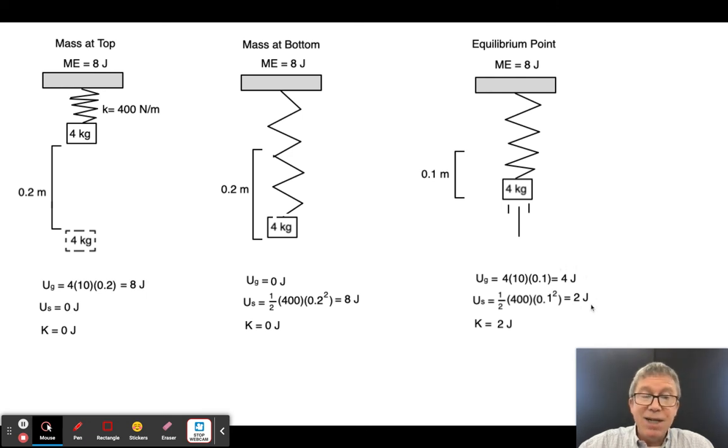Now, there hasn't been any external non-conservative force acting on the system, so I'm conserving mechanical energy. And if I have 6 joules of the two different types of potential energy, that leaves me with 2 joules of kinetic energy, which is 1/4 of the total ME of the system. So that's not intuitive, but it does make sense when you work it through.